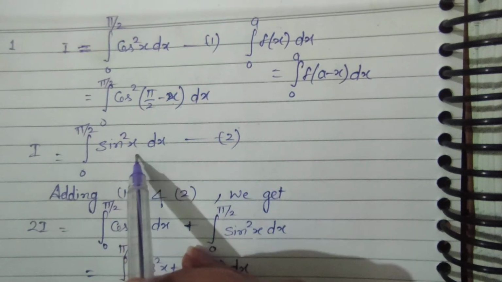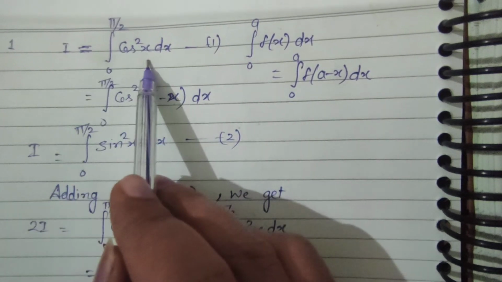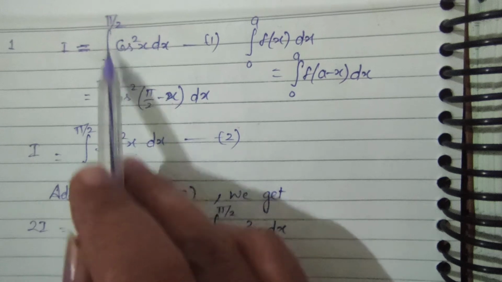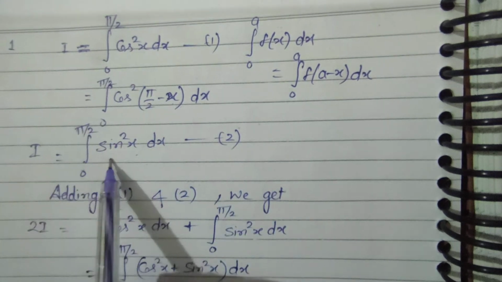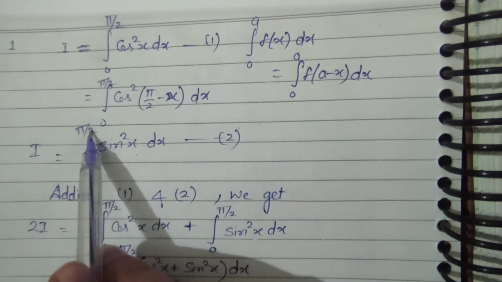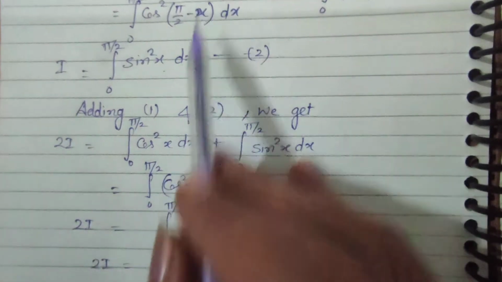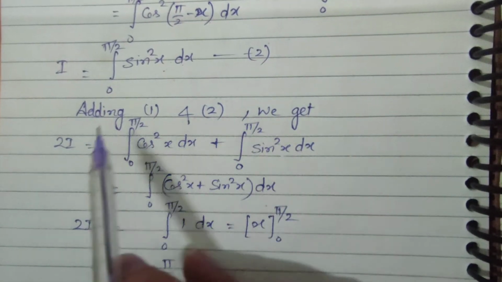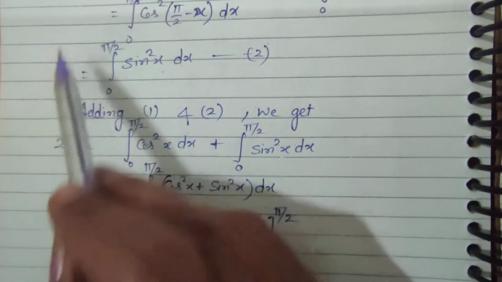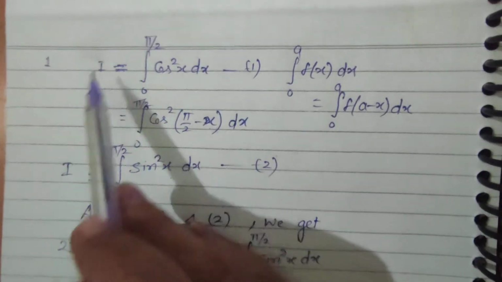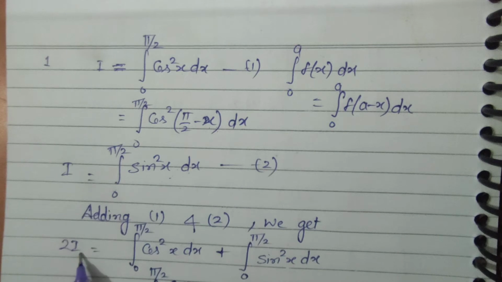Look at the first and second. The first is the integral of cos square x with limits 0 to pi by 2. The second is the integral of sin square x with limits 0 to pi by 2. Adding first and second, on the left hand side we get I plus I, which is 2I.